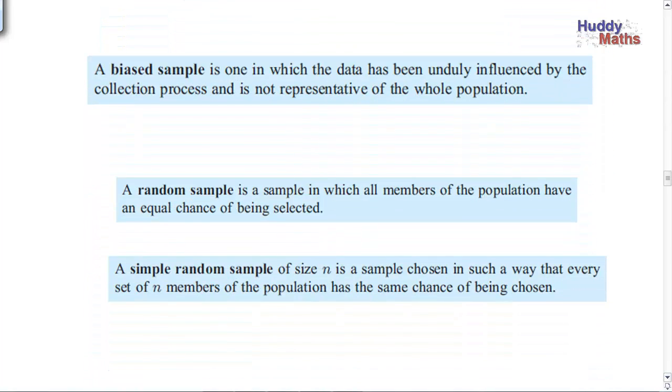Here we are, three important things when you go out and try to find information. You don't want bias. A biased sample is one in which the data has been unduly influenced by the collection of it, and it doesn't represent the whole population. What about voting in the next election in a state? You might go to all the shopping centres around the state and take people's opinions.